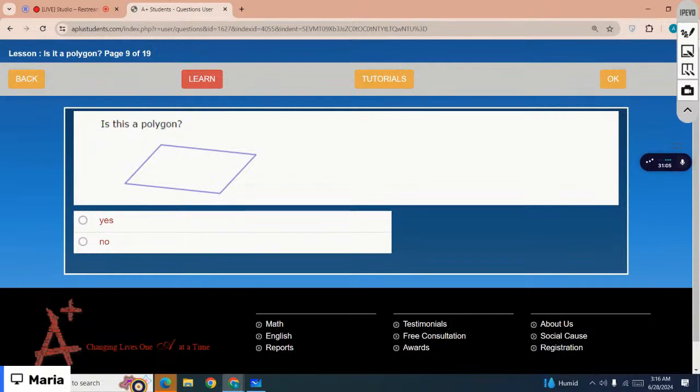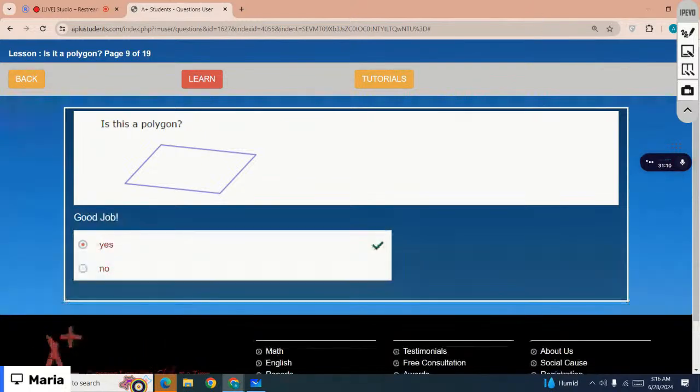The correct option is yes, this is a polygon. Option number one is the correct option.